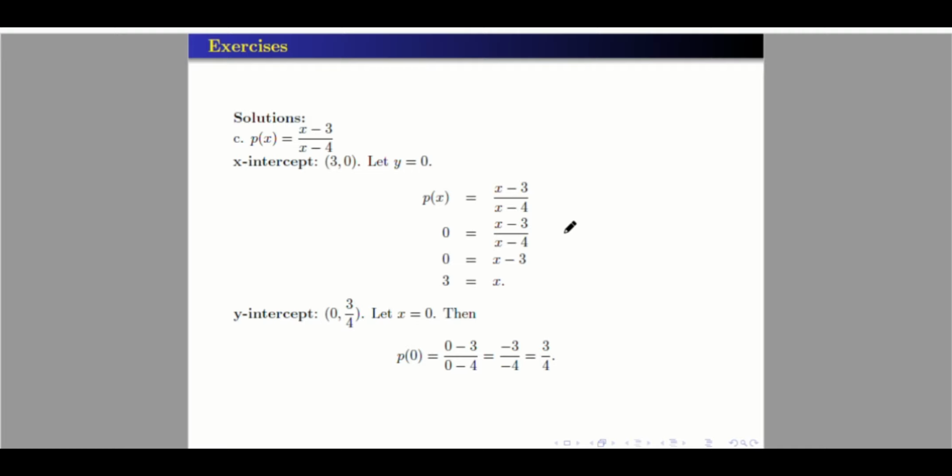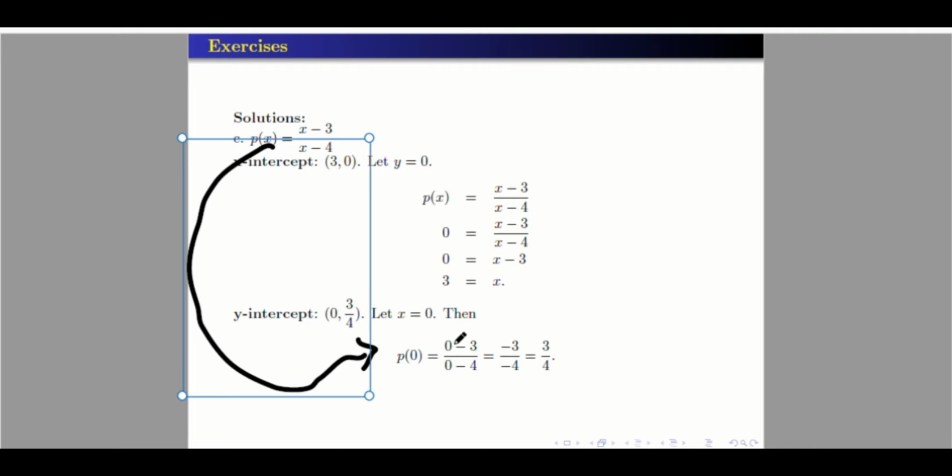And for the y-intercept, so let x equal 0. 0 minus 3, 0 minus 4, so 3 over 4. So we have now, our x is 0, so that is why I wrote here 0 first. And then our y is 3 over 4. So that is why on the next ordered pair we have 3 over 4.